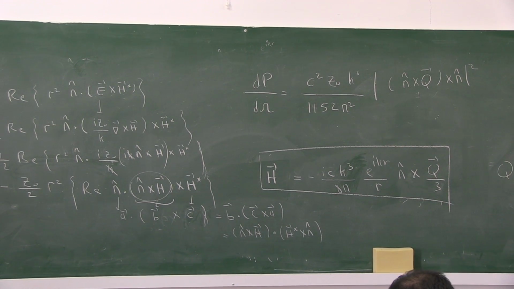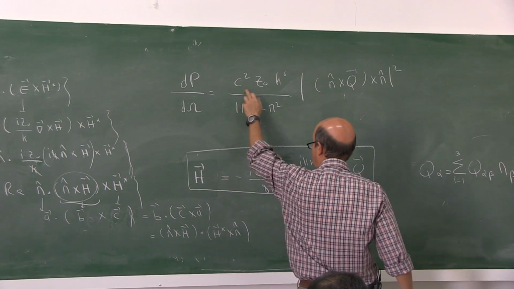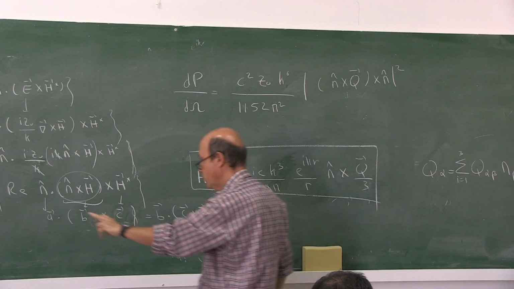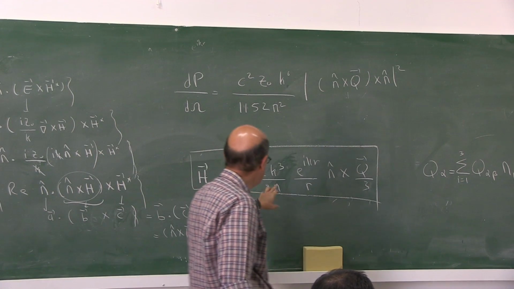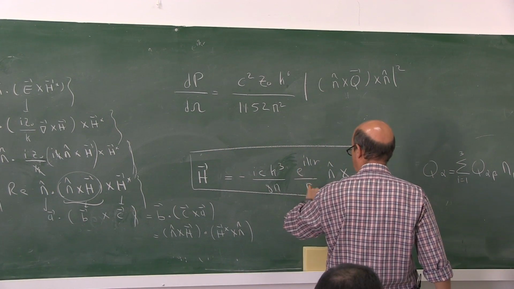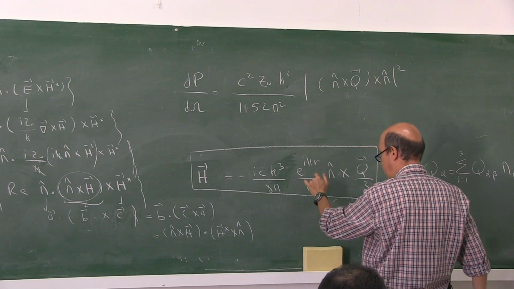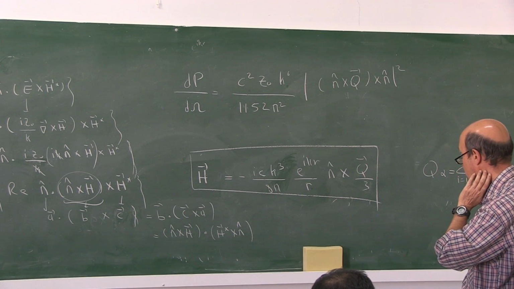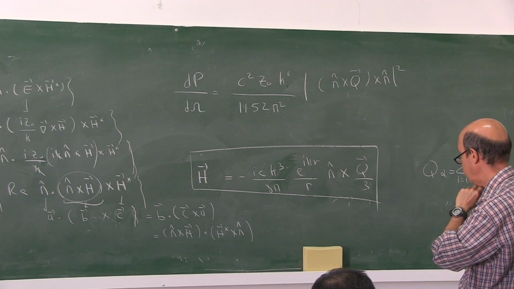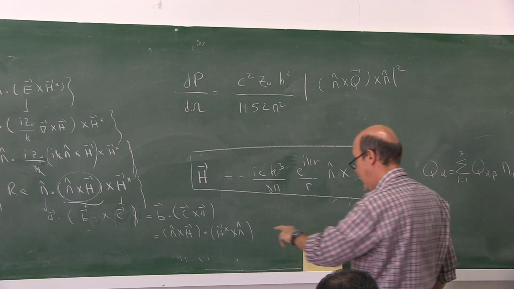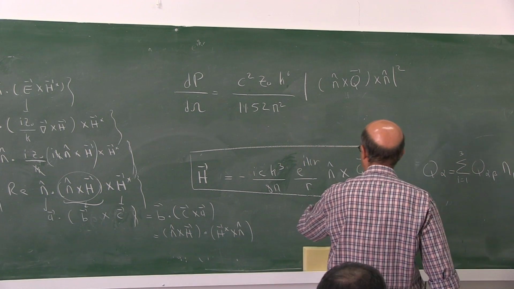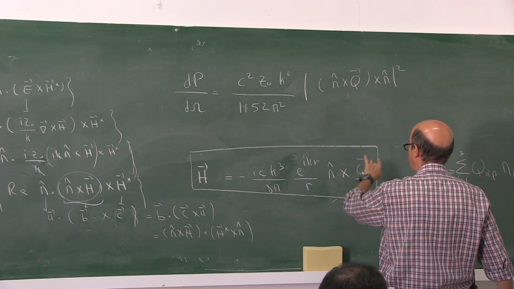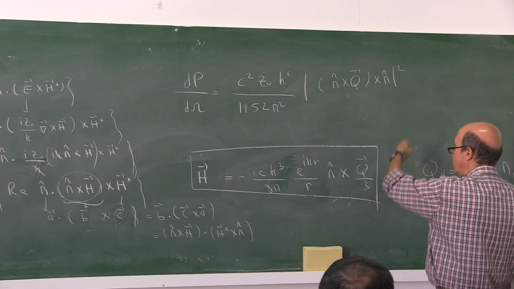So let me do it again. Take the square, C squared, k to the 6, 64 times 9 times 2, that should be 1152 pi squared. e to the ikr has unity magnitude, and this is 1 over r squared, which cancels with the r squared, and the leftover term is the N cross H magnitude, and N cross H magnitude is nothing but N cross Q, or you can switch the order, it doesn't matter.